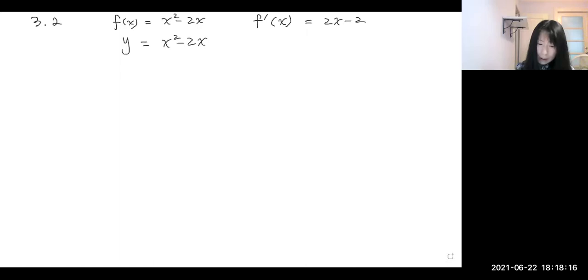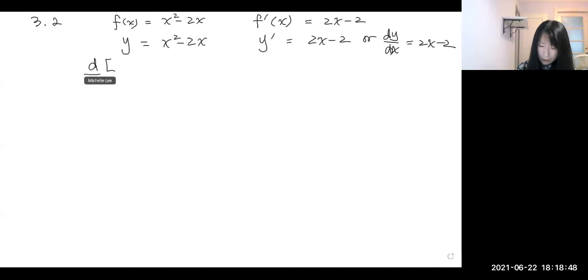Then we can express this as y prime, just y prime, not the x. y prime of x equal to 2x minus 2, or we can express it as dy over dx equal to 2x minus 2, because we said that d over dx of y, in this case y is x squared minus 2x.